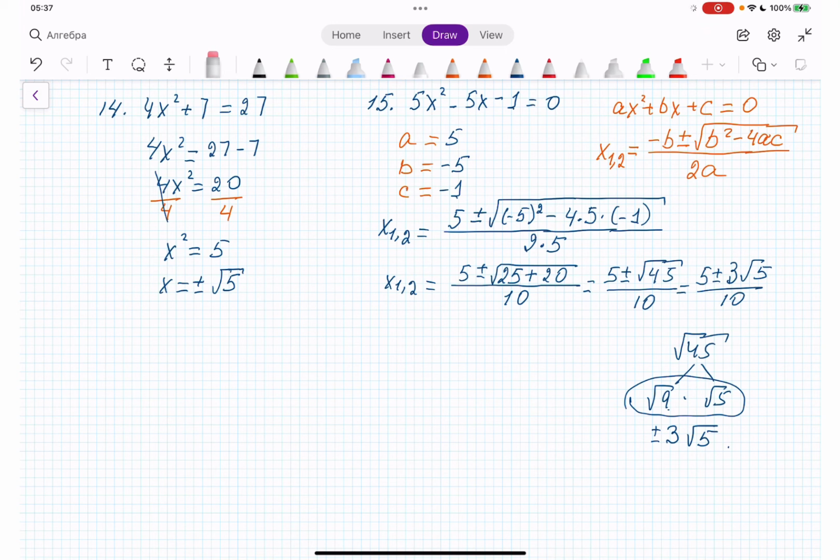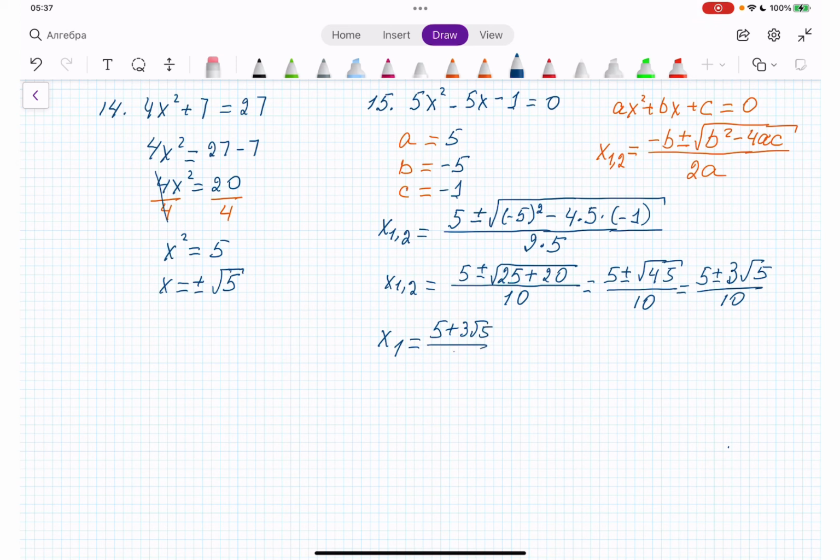Okay, let me clean this. And we have solved. I can't do anything else here. So from here, x1 is equal 5 plus 3 square root 5 over 10. I'm separating this plus minus here, okay?